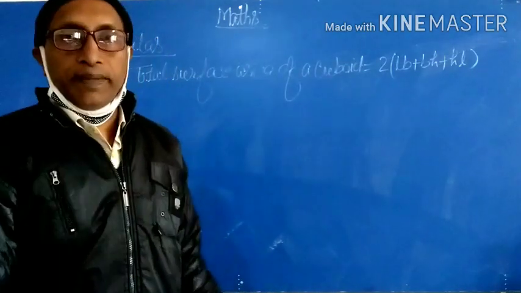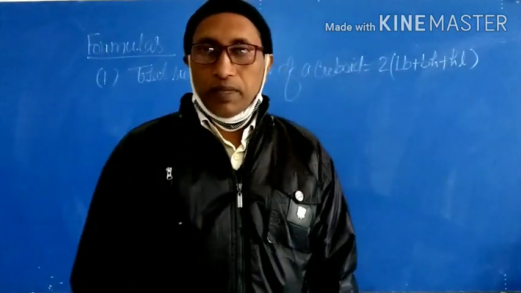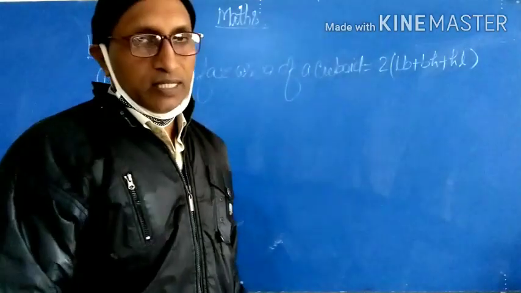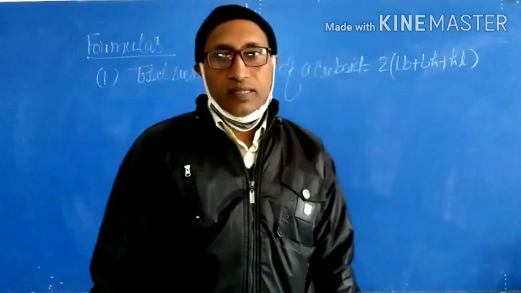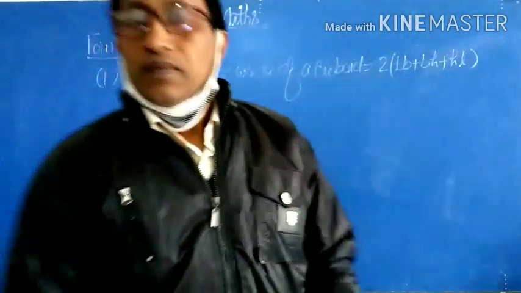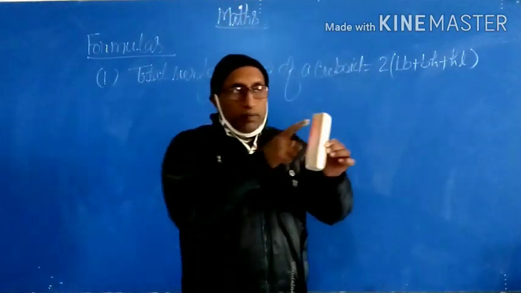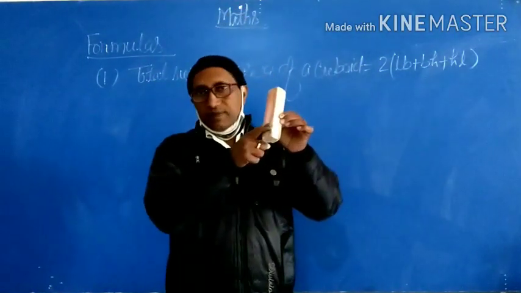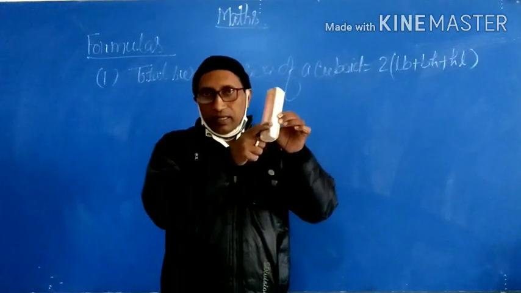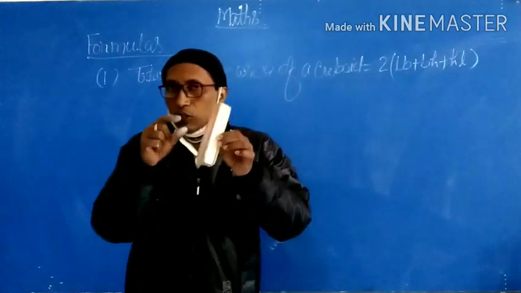Total surface area means the area of all the faces which make the cuboid.